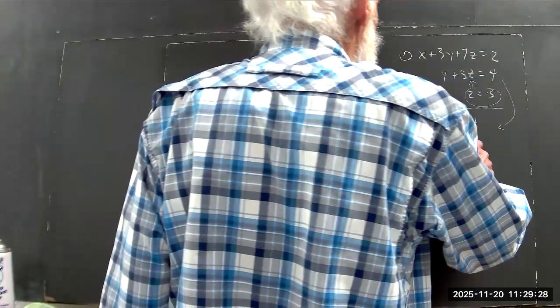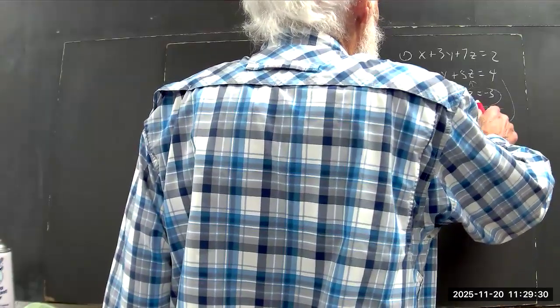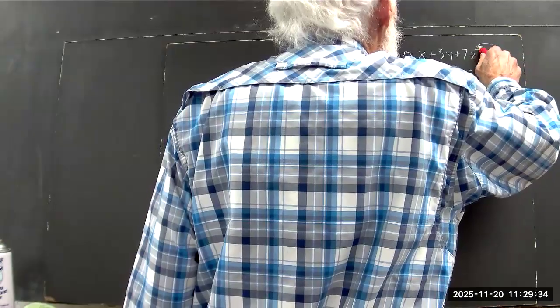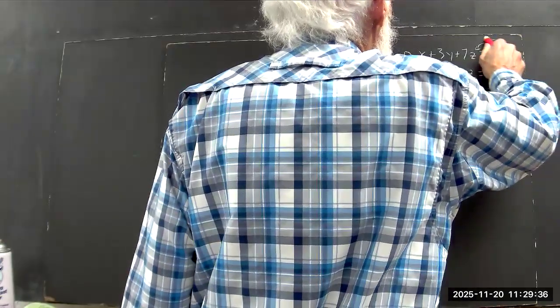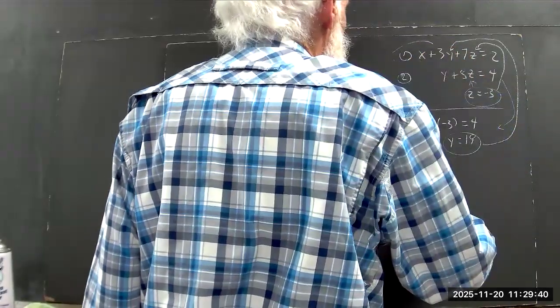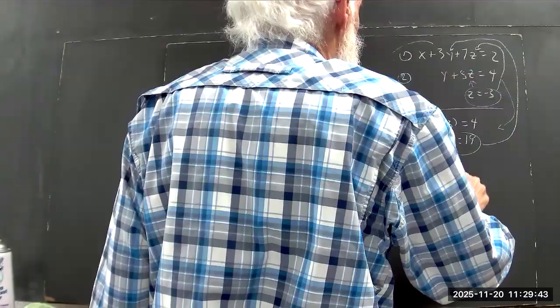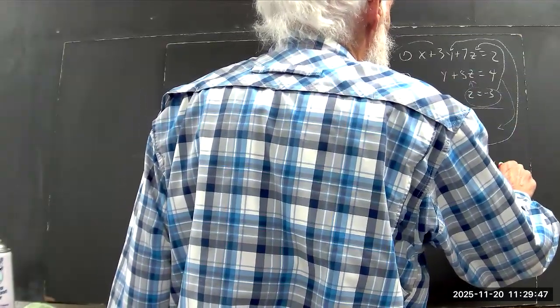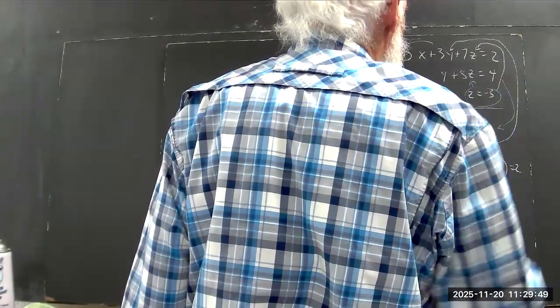So we take y equals 19 and z equals 3. We plug in our z equals 3. We plug in our y equals 19. And out of that, we get the equation x plus 3 times 19 plus 7 times negative 3 equals 2.